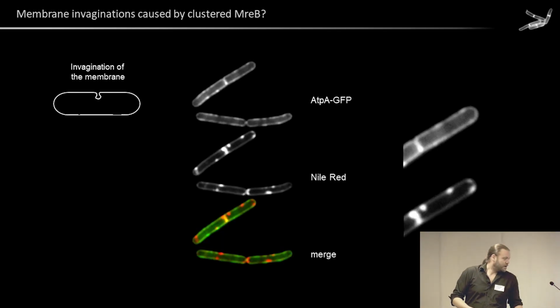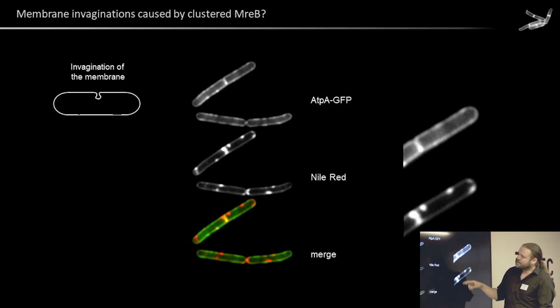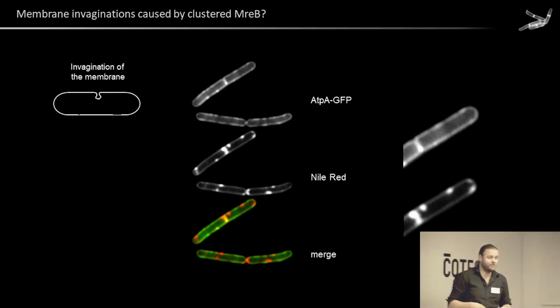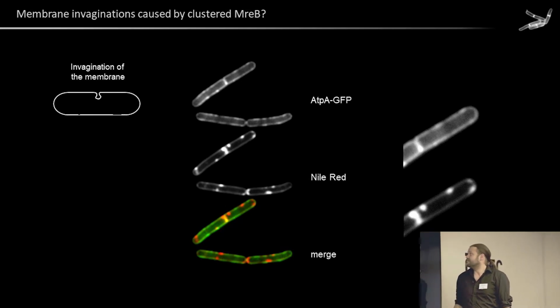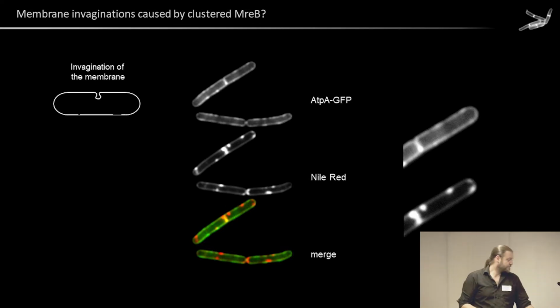Luckily, if we compared this localization pattern with membrane proteins, here using ATP synthase, this protein isn't delocalized, and it reports a nicely smooth membrane in the areas where we see these foci. That tells us the membrane is continuous, and it's something specific in these membrane areas which isn't just physical deformation.